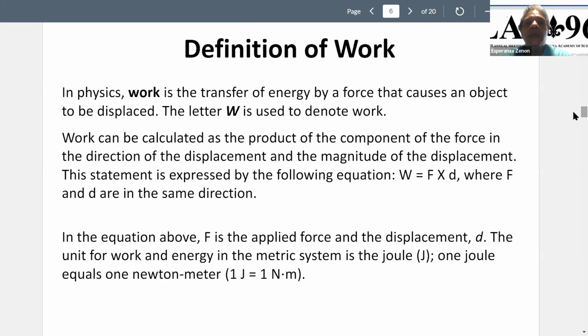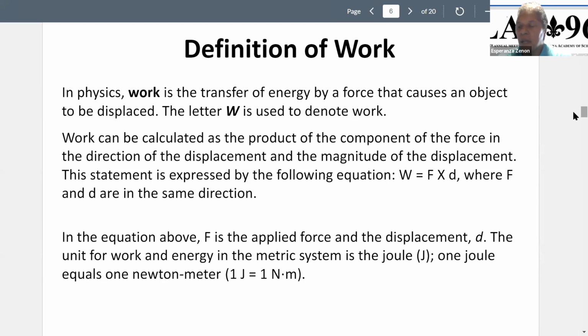So how do we calculate work? How do we figure out how much work this force is doing? We multiply the force times the displacement. If we multiply the force that's being applied and the displacement that the object experiences, we can figure out the amount of work that's being done.